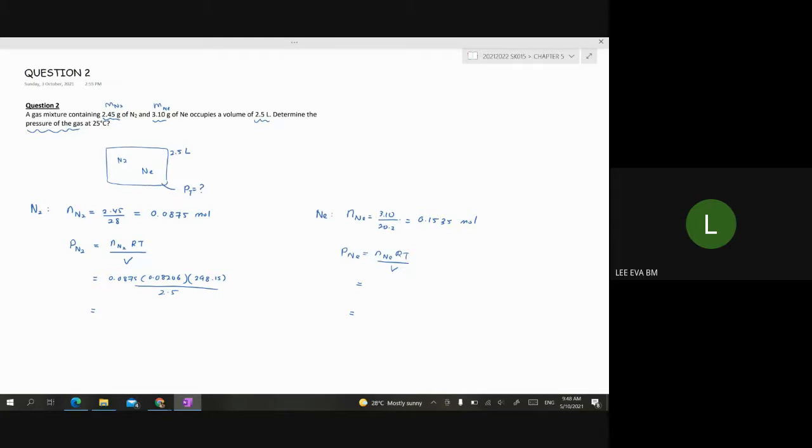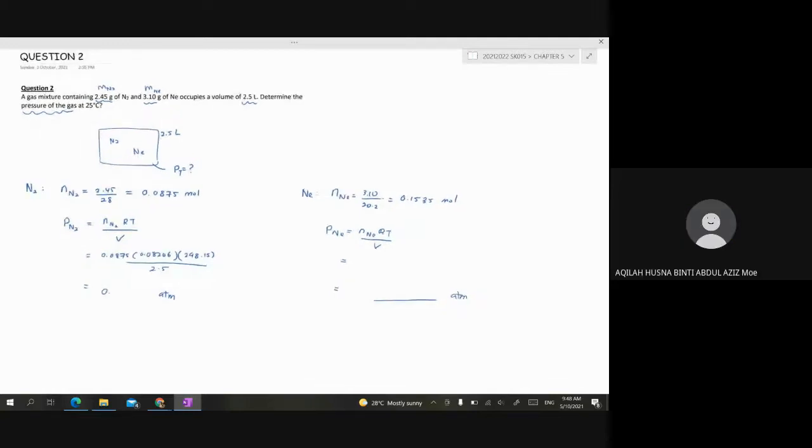Untuk nitrogen dapat berapa? What do you get for partial pressure nitrogen?